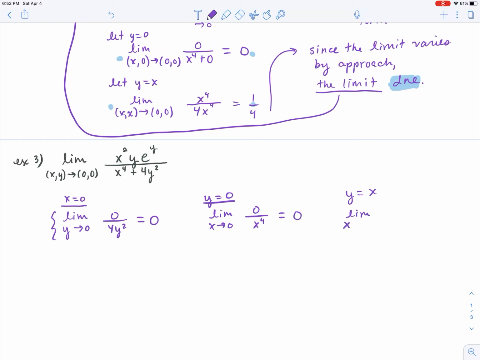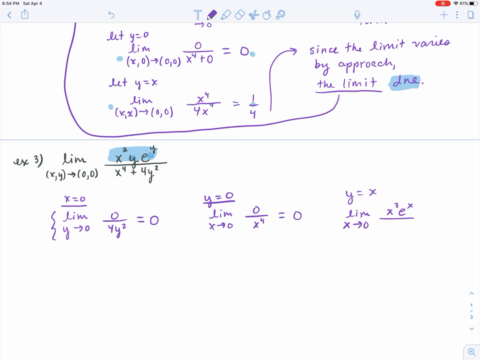And now we're going to have the limit. I'll change everything to x as x approaches 0. And then I'm going to have x cubed e to the x in my numerator. Again, I'm looking at this right here and just replacing the y with the x.